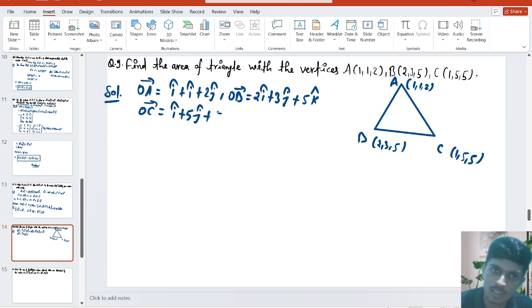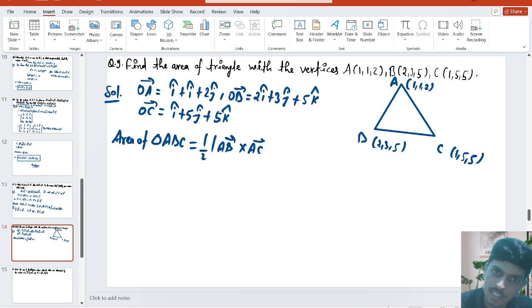So the area of triangle ABC is half the modulus of vector AB cross vector AC, taking any two adjacent sides, like AB and AC. We could also take BC and BA, or CA and CB, because these are also adjacent sides. We can take any two sides of the triangle.